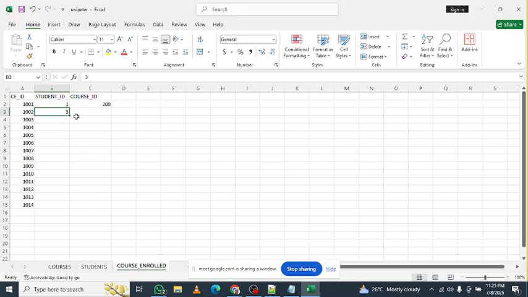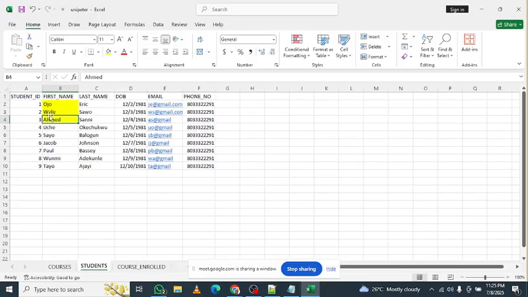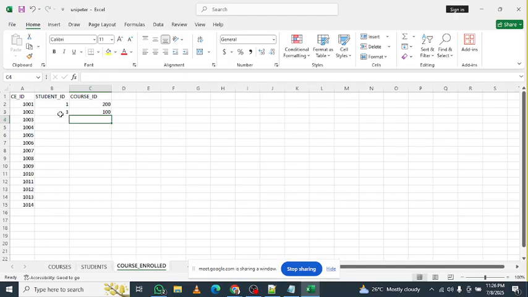Math is 100. Ahmed is 3, he registers for math, which is 100. Now the next student, ID 2, Wale, also registers. Wale, ID 2, can also register for math, which is 100. Do you understand?